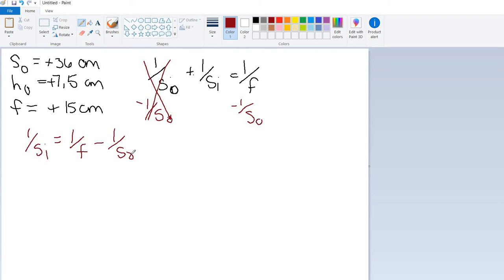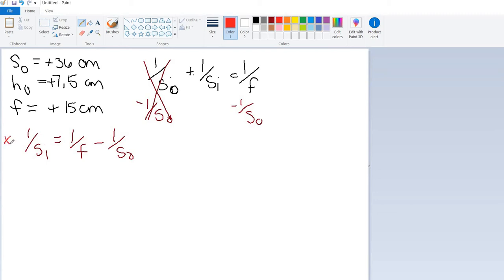And then we have to consider the fact that the image distance is in the denominator, and in order to do that it would be almost like having to multiply both sides by the image distance.